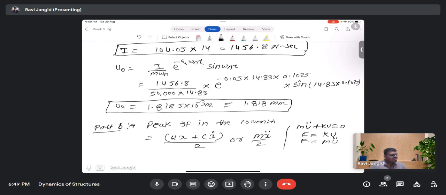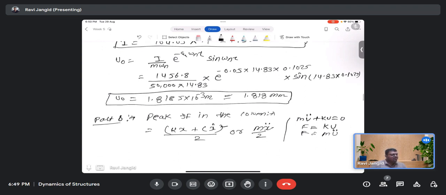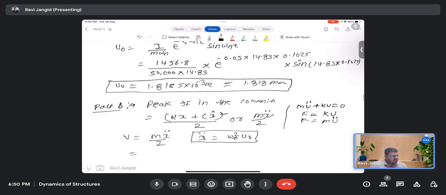So the shear in the column will be m x double dot into 1 by 2, where x double dot is omega n square times u naught. So the final value is 1 by 2 into mass into omega n square into u naught.